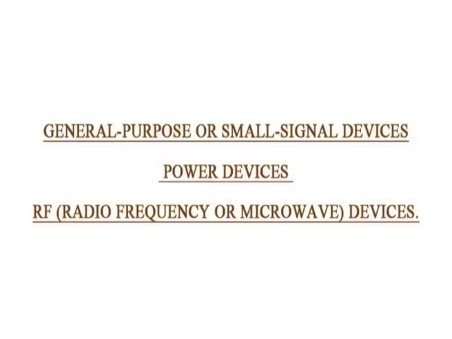Manufacturers generally classify bipolar junction transistors into 3 broad categories: general purpose or small signal devices, power devices and RF or radio frequency devices. Although each of these categories to a large degree has its own unique package types, you will find certain types of packages used in more than one device category.